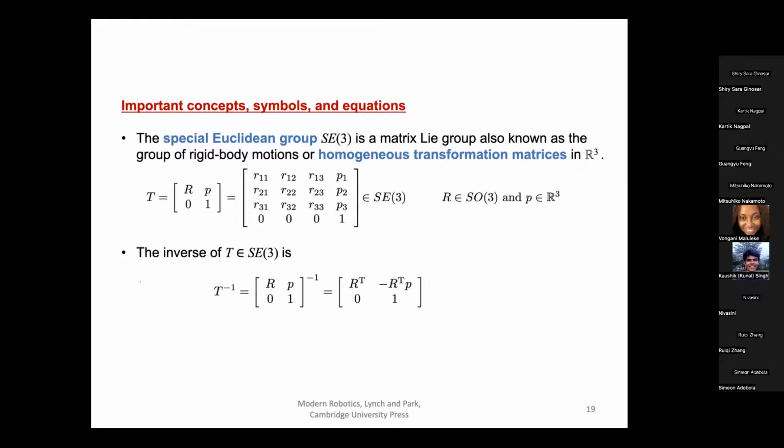This will correspond to 3 for rotation and 3 for translation. And there will be some black magic by which we take an exponential of this twist, and we are going to get a complete Euclidean movement, a rotation and a translation. Okay, does that make sense?